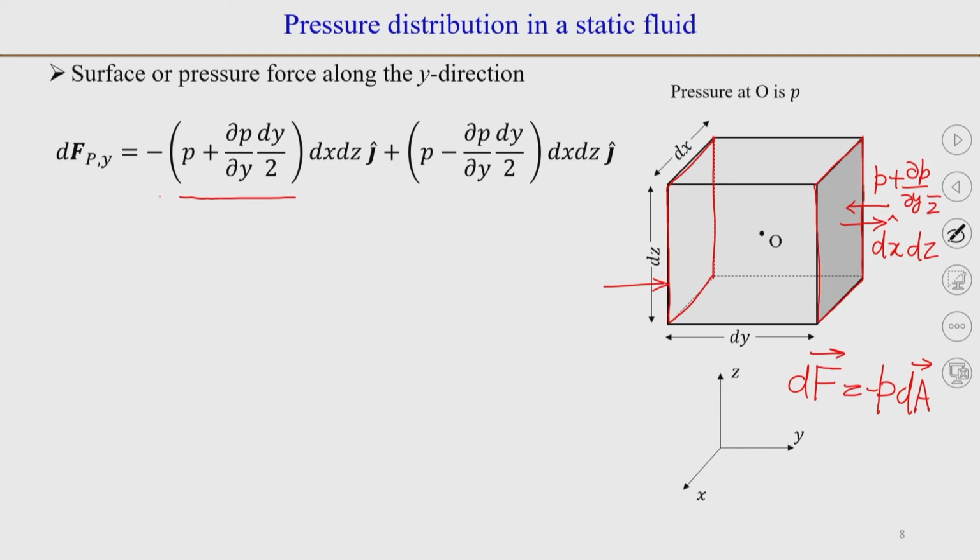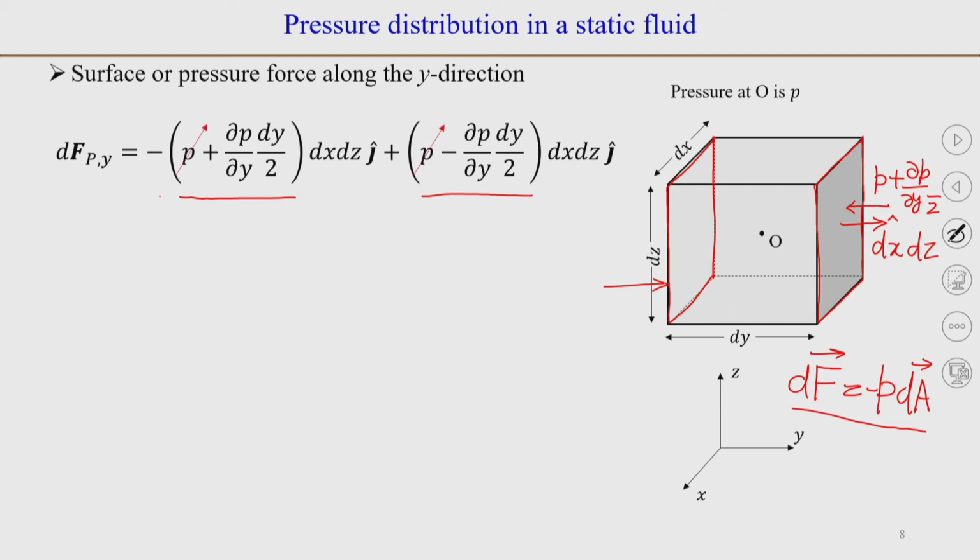So, you can either directly look at the force direction, or you can use this formula dF is equal to minus P dA, where area is a vector. When you use this, the pressure on the left face is P minus del P over del y into dy by 2, and the area is again dx dz in magnitude, and it will be minus j, which when you multiply by the minus sign, gives finally plus.